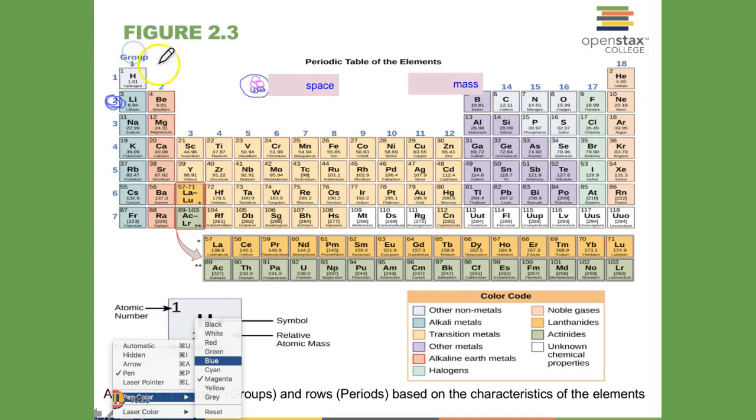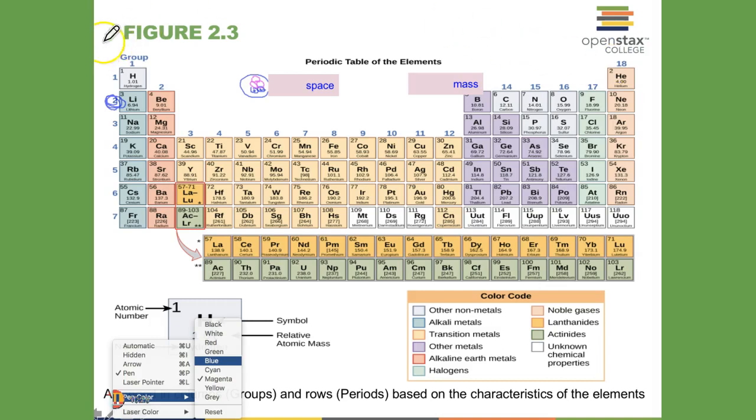The group numbers up here, 1, 2, and if you're going 3, 4, 5, 6, 7, and 8, these group numbers up top are telling you how many valence electrons to draw on those orbitals.